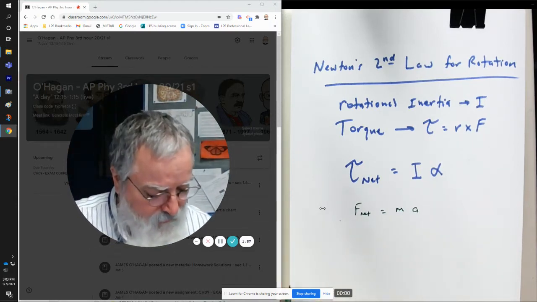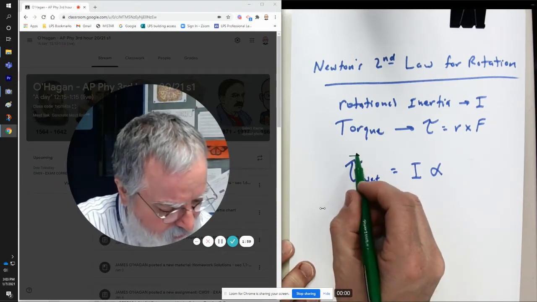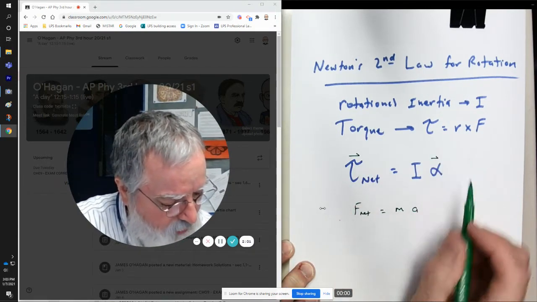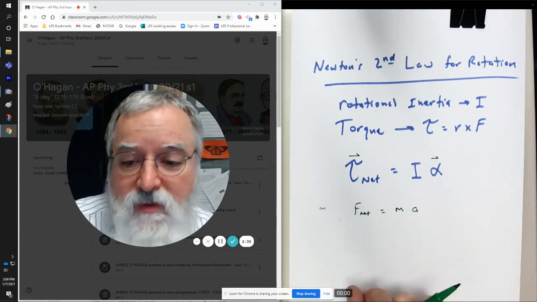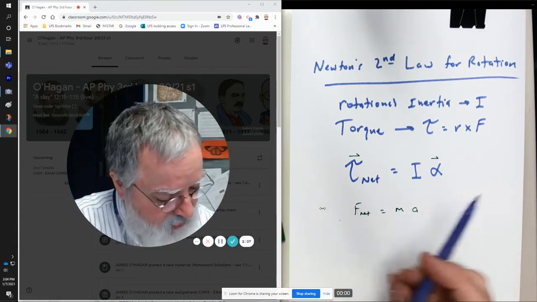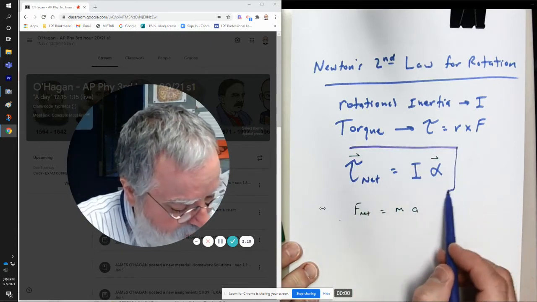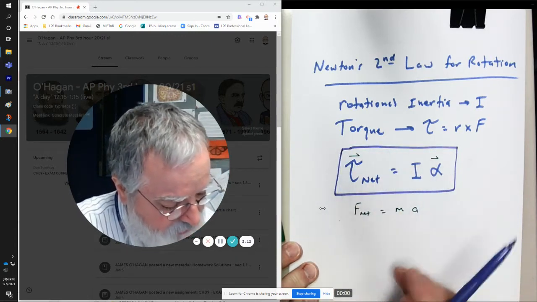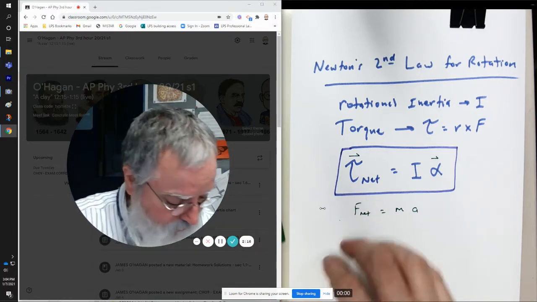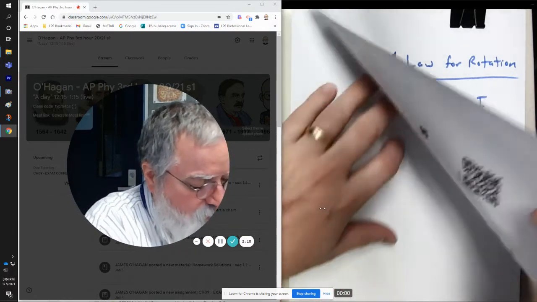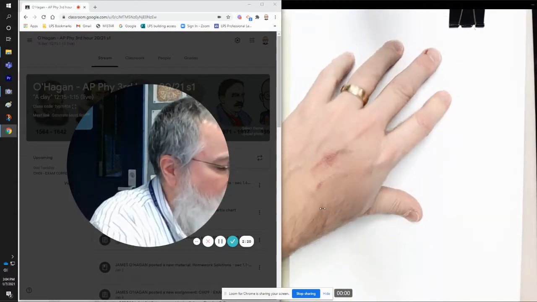Of course, it's a vector quantity, so the direction of the net torque and the direction of the angular acceleration are the same. It's pretty easy, but I want to do a sample problem to show Newton's second law in action.